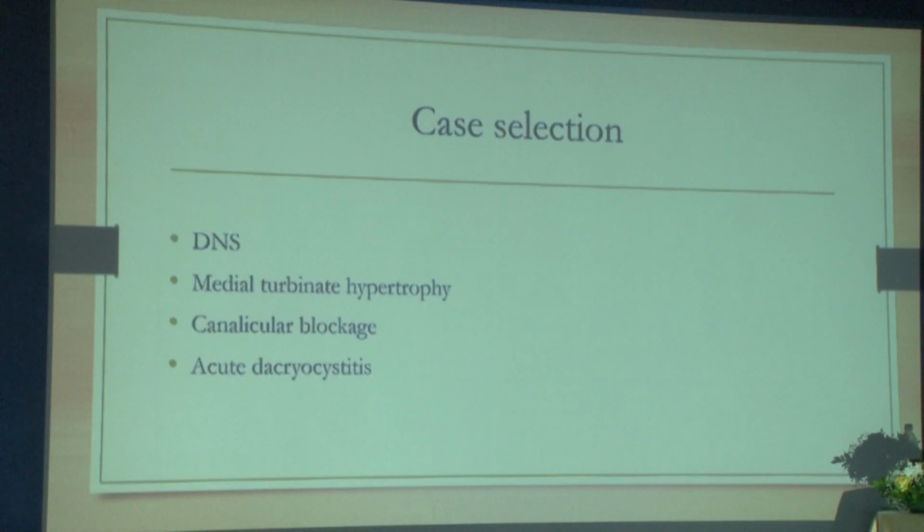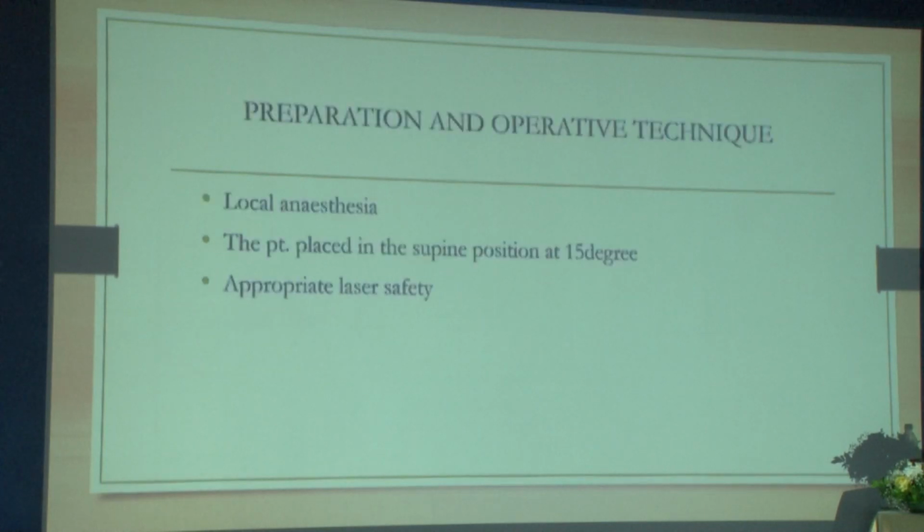Proper case selection is very important while doing endoscopic or any DCR. Generally, we avoid DNS, medial turbinate hypertrophy, canalicular blockage, or acute dacryocystitis in cases of endoscopic or laser DCR. Preoperative preparation and technique come before any surgery. Local anesthesia should be proper, so that surgeon and patient both feel comfortable. The patient is placed in the supine position at 50 degrees, and appropriate laser safety should be used.